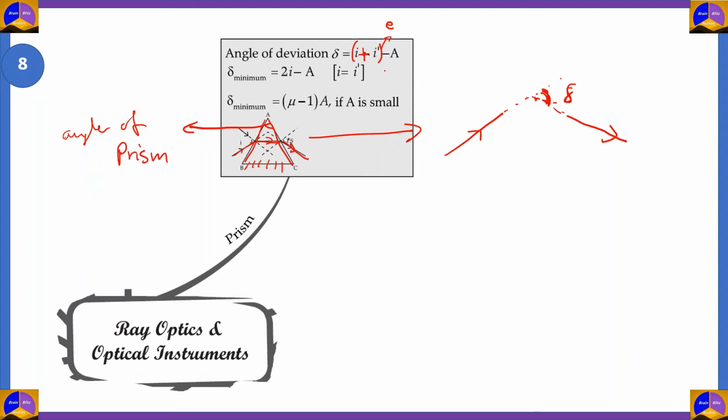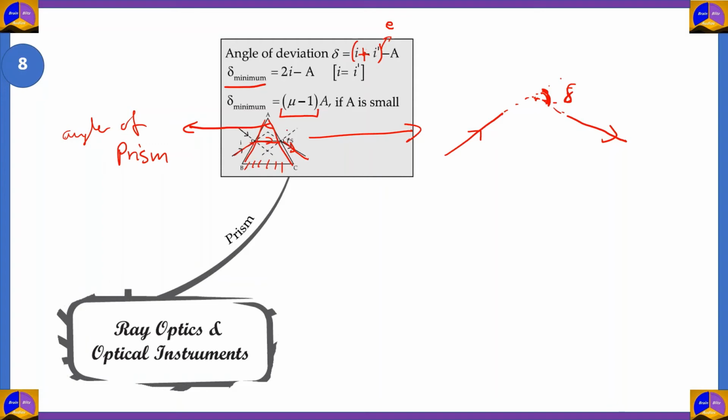What happens if we have a particular scenario where the angle of incidence is equal to the angle of emergence? Well, in that case, we get the angle of minimum deviation. Since I is equal to E, you get delta minimum as 2I minus A, which we can write as mu minus 1 times A if the angle of prism is very small.